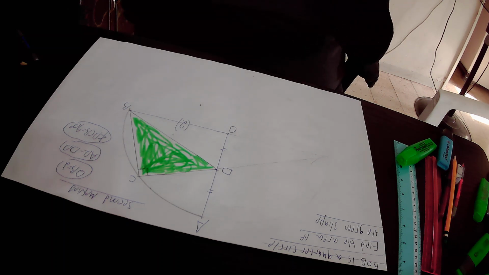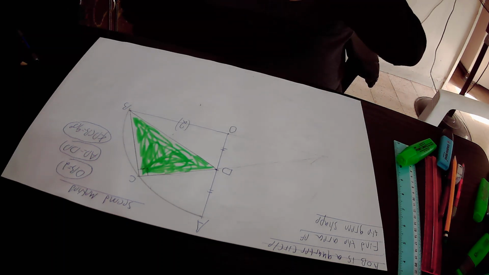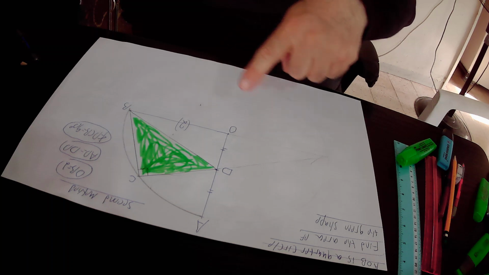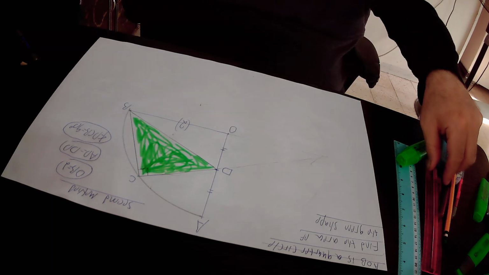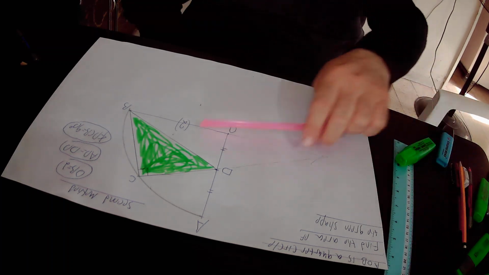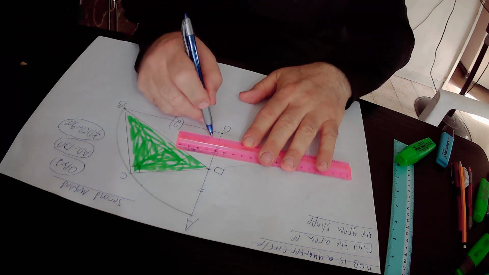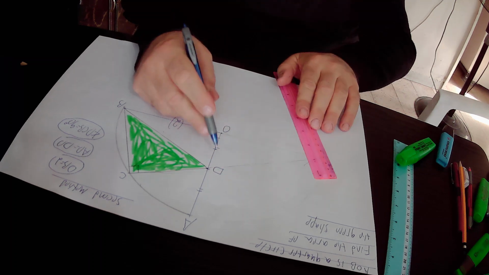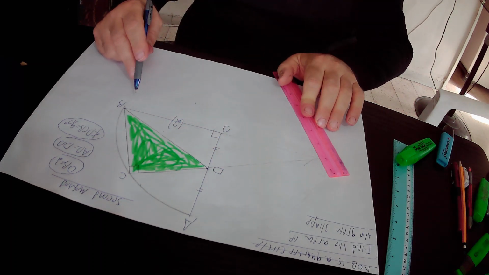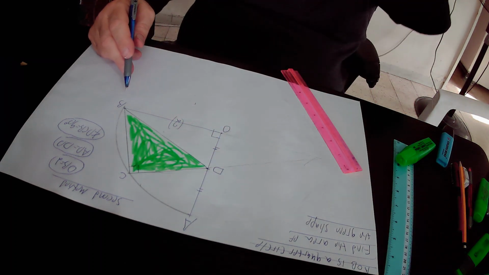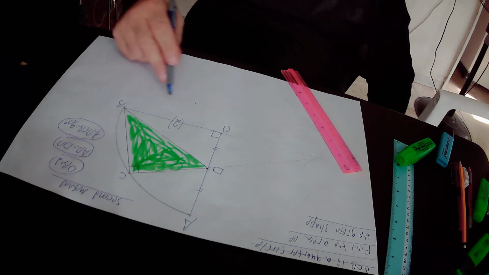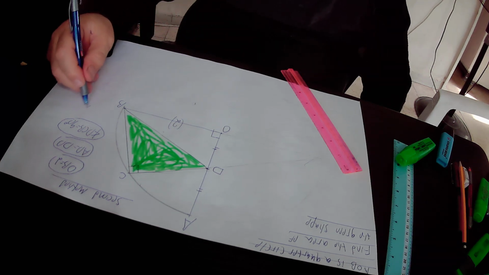So again, we know that AOB is a quarter circle, therefore angle AOB equals 90 degrees. AO and BO are both the radius of the quarter circle, which is equal to 2, therefore AO equals 2.